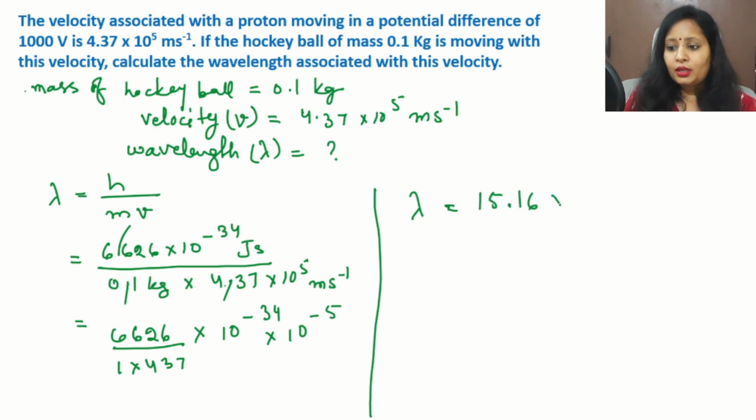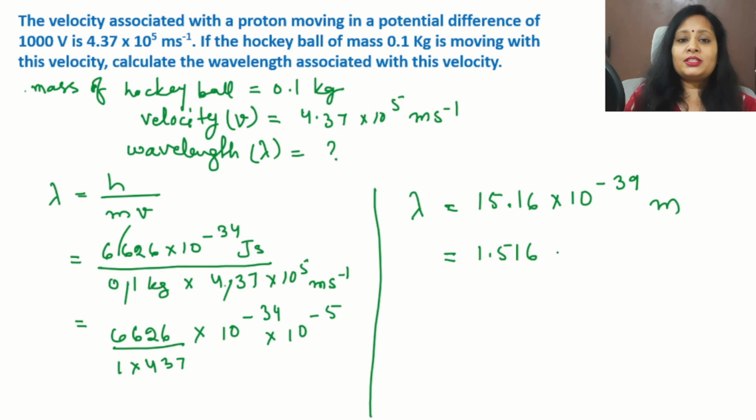15.16 into 10 to the power, now minus 34 and minus 5 should be added and it becomes minus 39, and the unit of wavelength is meter. Now if we write it in a more appropriate way, it will be 1.516.